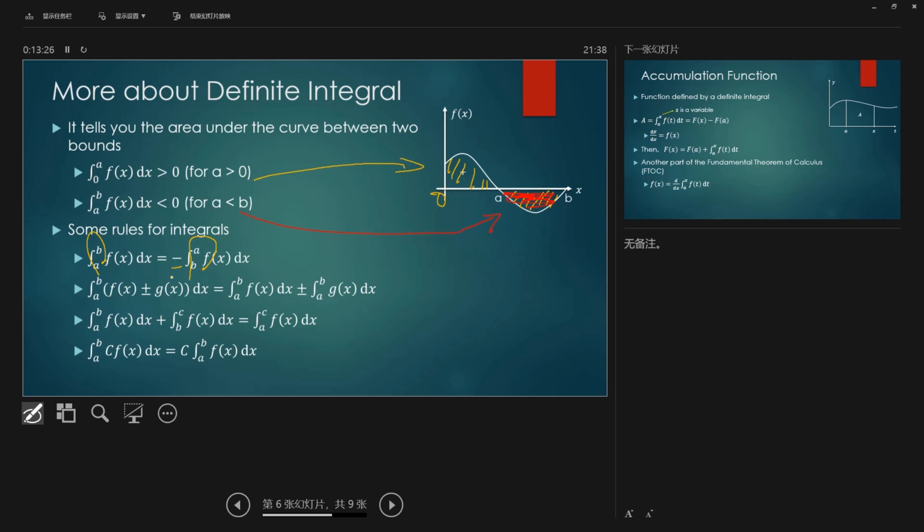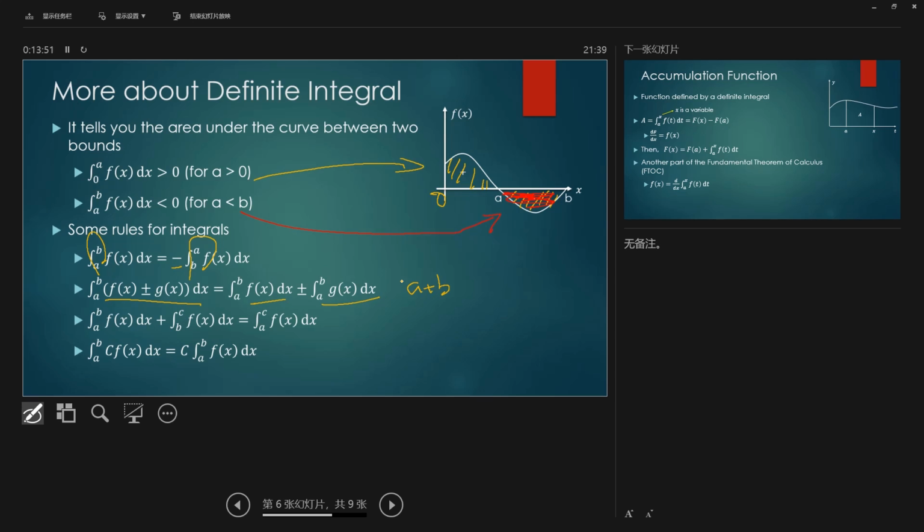And for the second one, the integral from a to b of f(x) plus or minus g(x) dx, here we can just split it up, which is the integral from a to b of f(x) dx plus or minus the integral from a to b of g(x) dx. Okay, just split up.